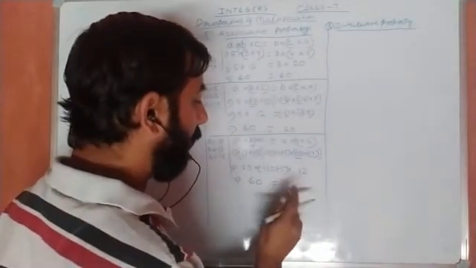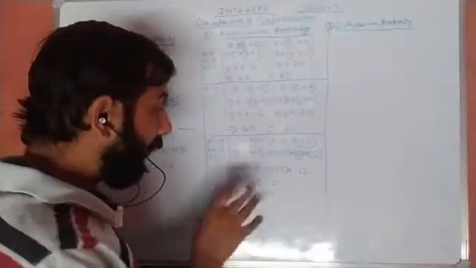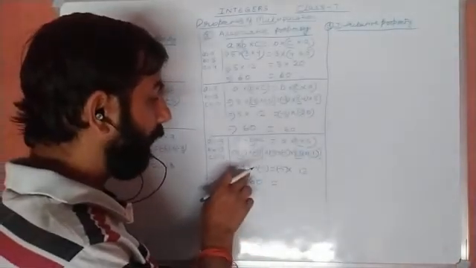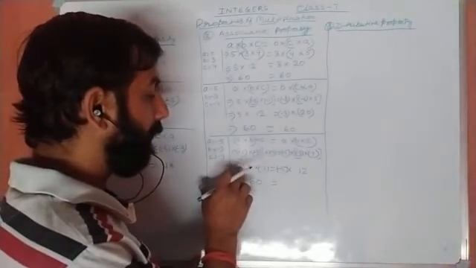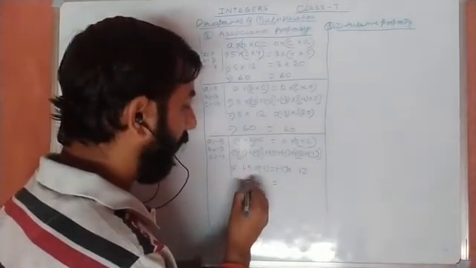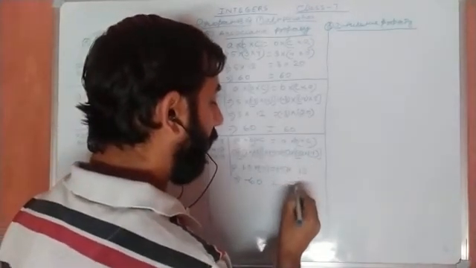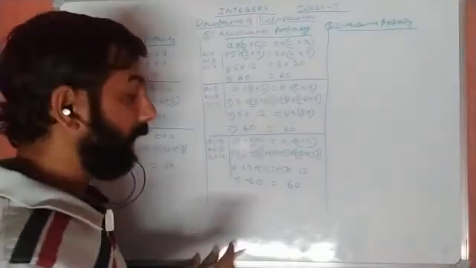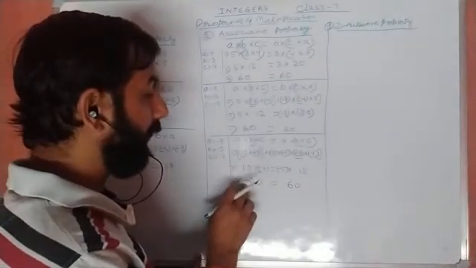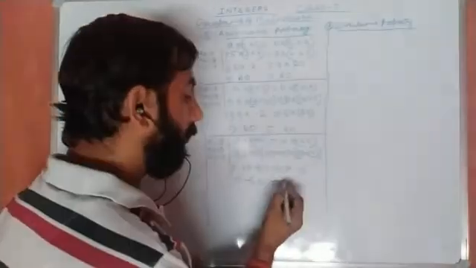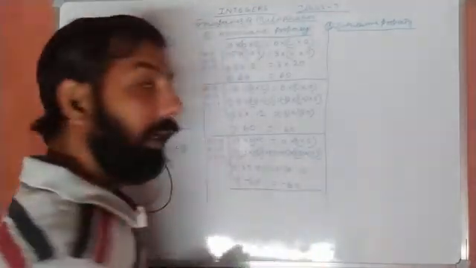Whether it will be minus or plus, it will be minus, because plus minus is minus. Here it will be 5 into 12, the result will be 60, the product, and minus plus minus. Here is plus minus minus, minus plus also minus. So the answer is same.